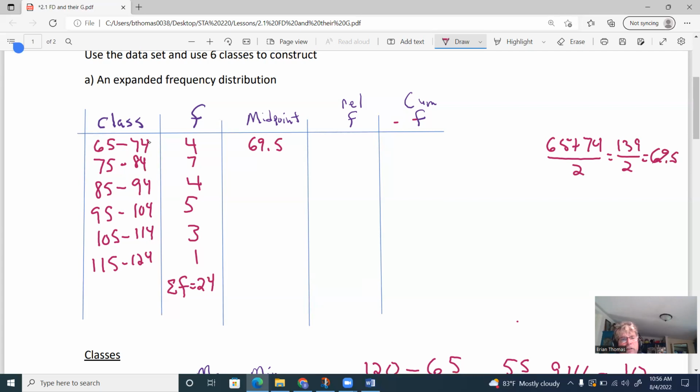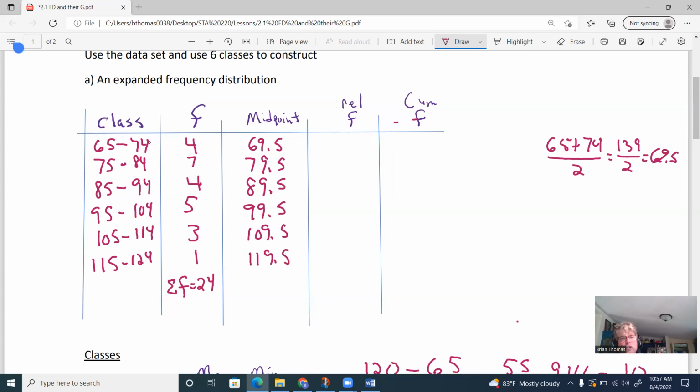So from there, if we just add the class width, which was 10, and again, I can do that on a calculator or by hand, I'm going to get 79.5 as the next midpoint, 89.5. We have 99.5. And then we have 109.5. And then we have 119.5.